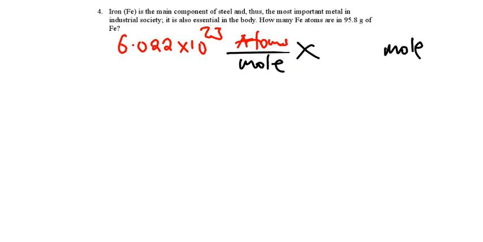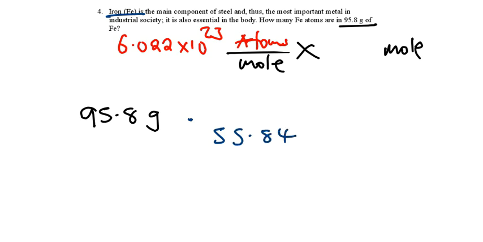Now, with the information we're given, we are told we have 95.8 grams of what? Of iron. Now, iron, we can get its molar mass from the periodic table, right? So my periodic table is telling me the value is 55.845 grams.